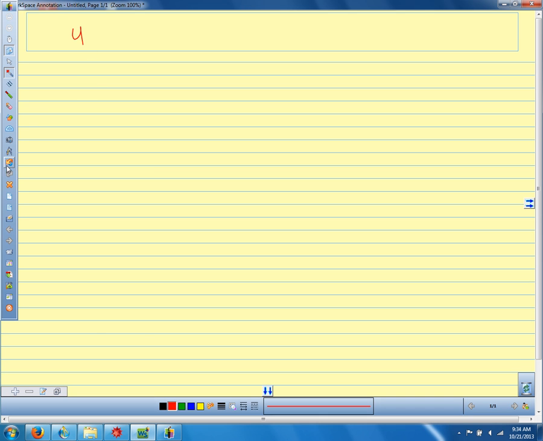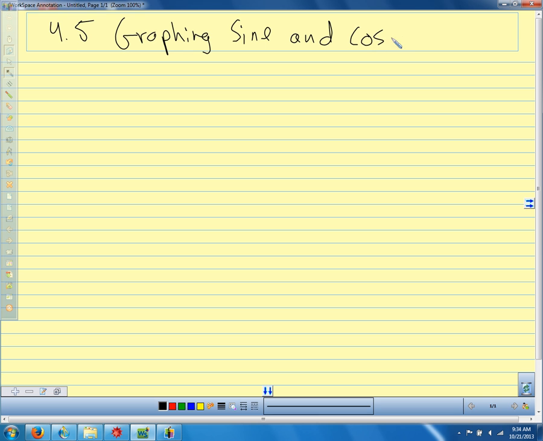4.5. So let me grab a picture of a sine and a cosine graph.